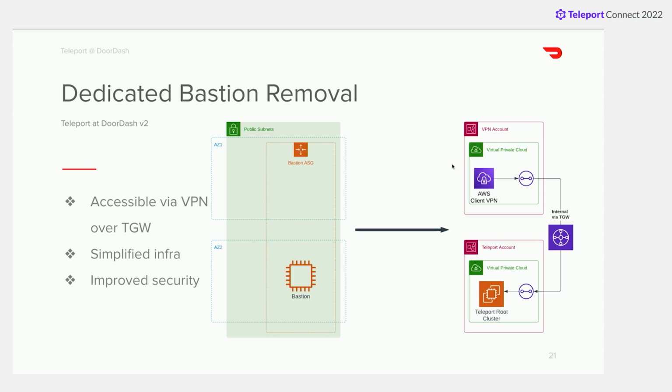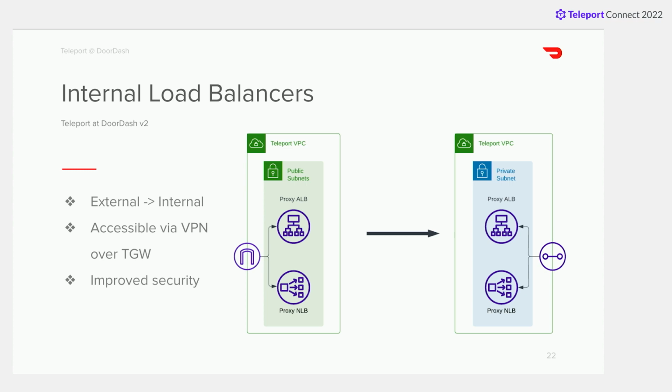But this simplified our infrastructure deployment, so we were able to get rid of this ASG and also improve security, so no more external workloads. As I mentioned, we moved from our external load balancers to an internal setup. So again, improved our security and leveraged our internal transit gateway setup for accessing our Teleport nodes.